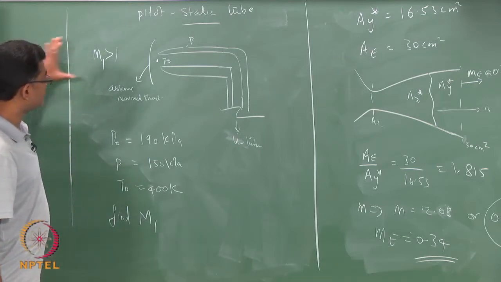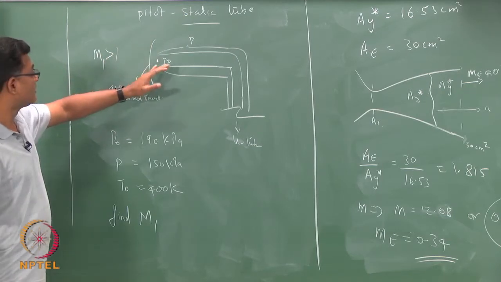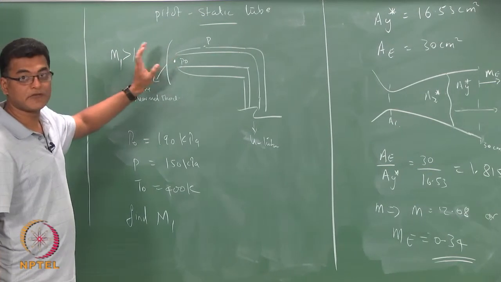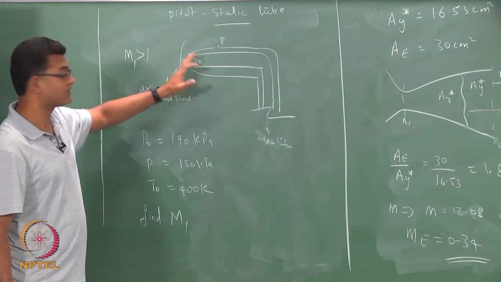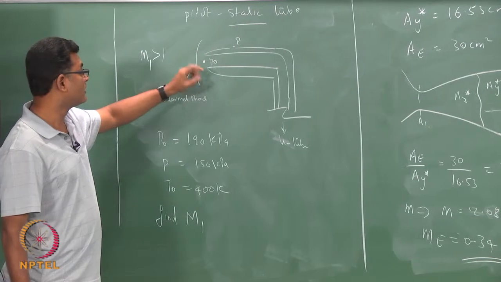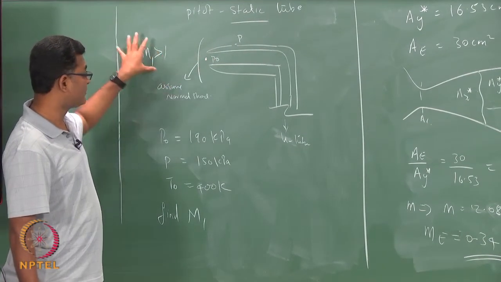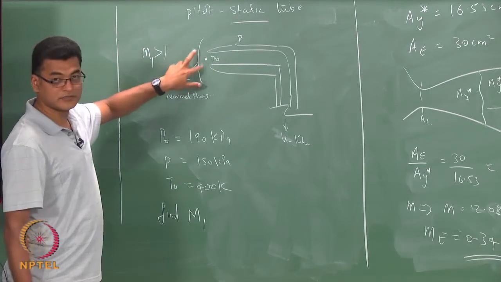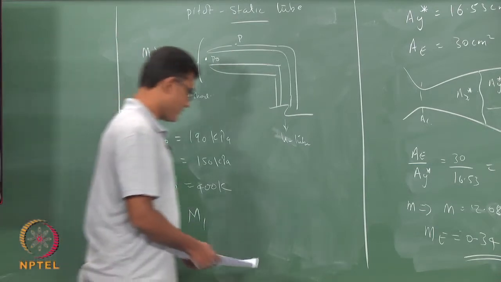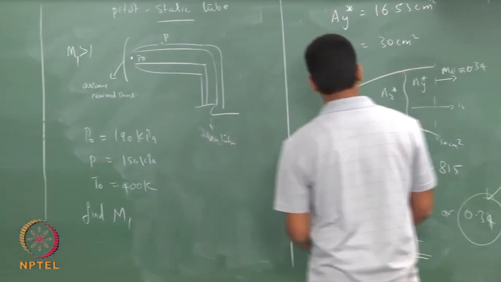So a supersonic flow is coming and you have a measuring device here without a static tube. Because it is supersonic flow, this bluff body will create a shock. That shock is standing in front, and let us assume this to be a normal shock, because of which you have to compute M1 in terms of the properties that jump across the shock.